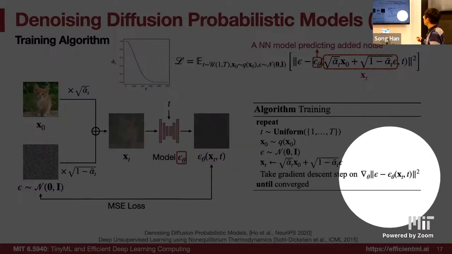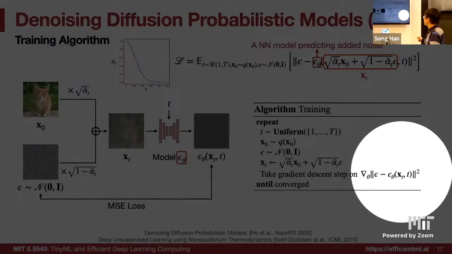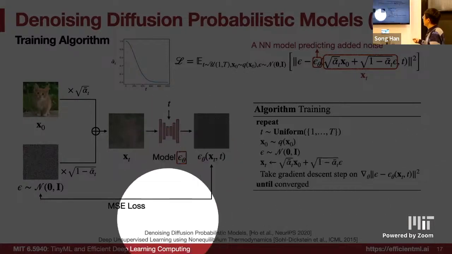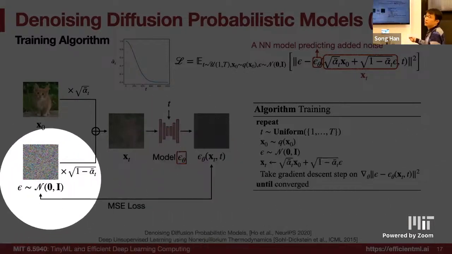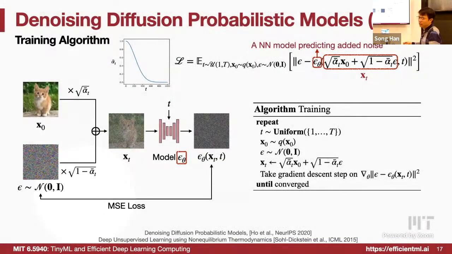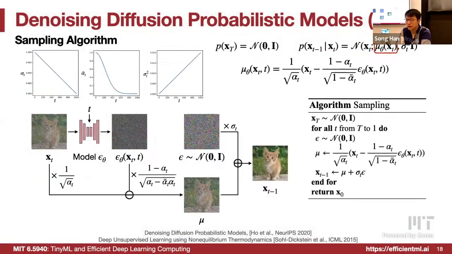So epsilon theta is given xt. We try to predict the noise, and try to match the noise that we originally sampled. That's how we add noise in the training process. Basically, the training part is trying to predict the noise, making sure it matches the noise we inserted into the image. So that's the training algorithm.